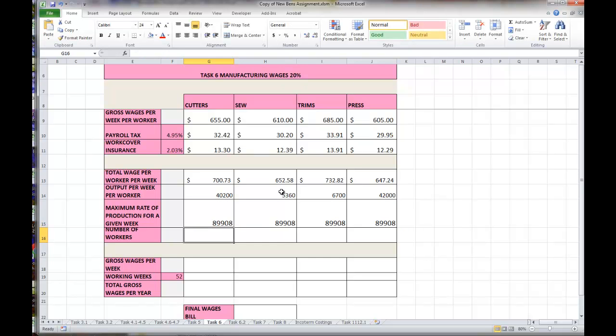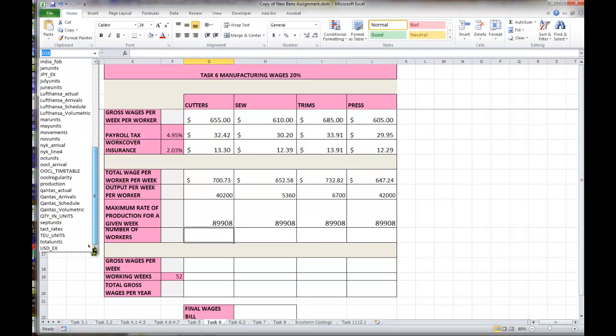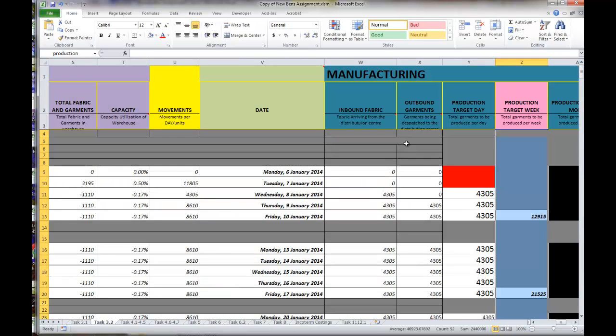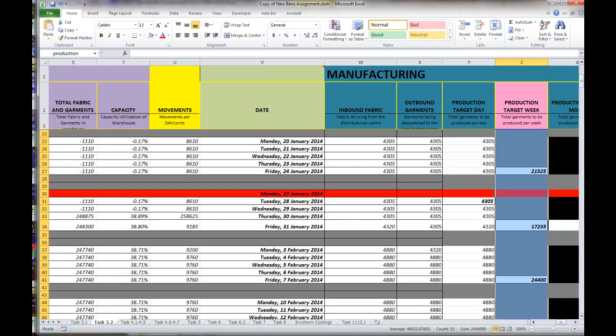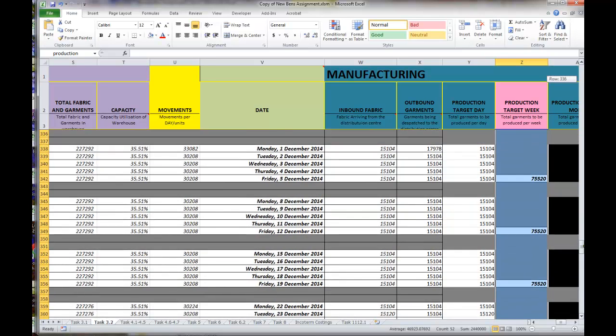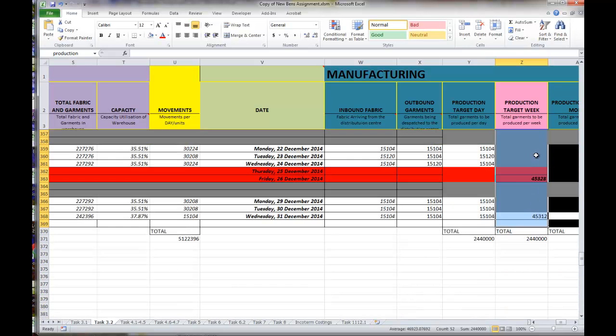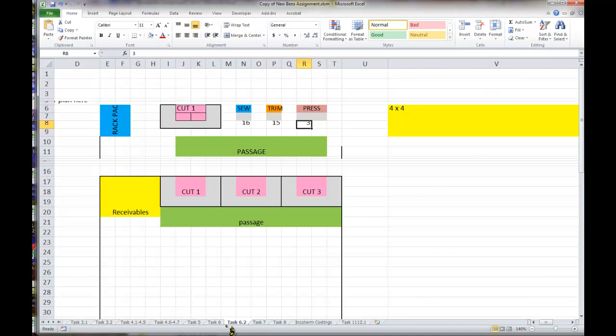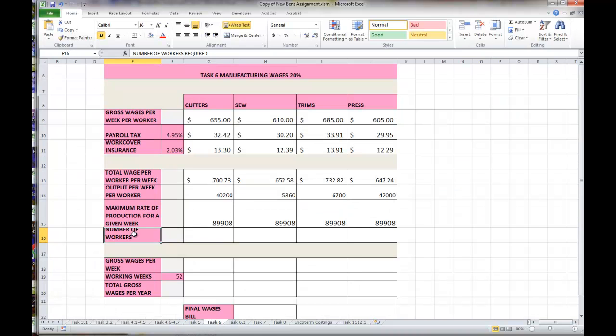And you're probably asking where you get production from. It comes by naming 3.2 column Z. So make sure you name it without the headings and without the total down the bottom. And it's finding the busiest week of the year. So based on the busiest week, we can determine how many staff we need, which is number of workers, which again is maximum rate of production divided by productivity per worker.